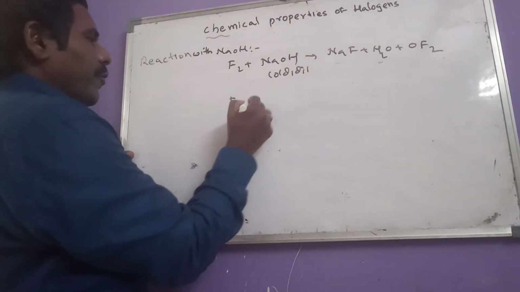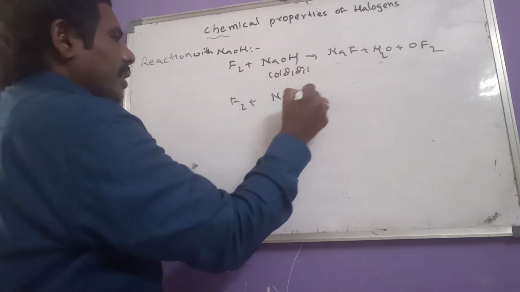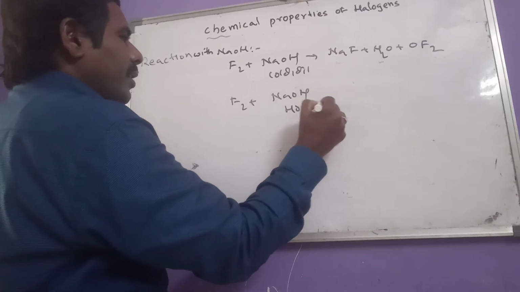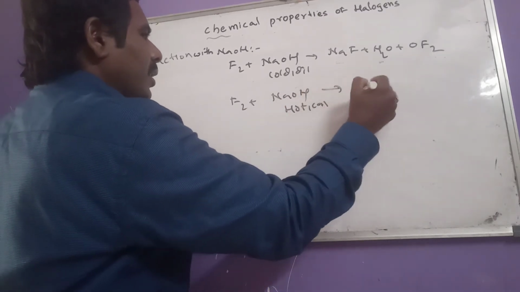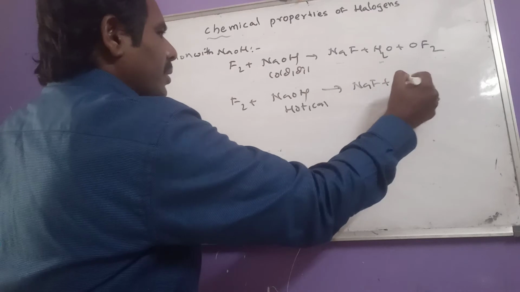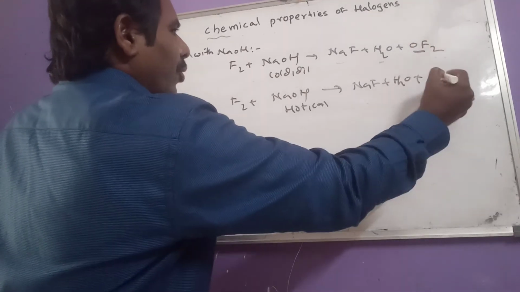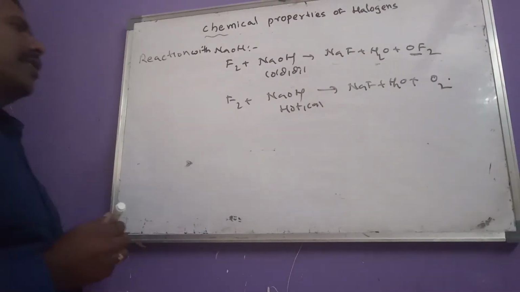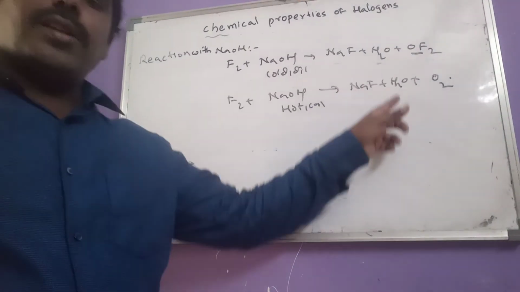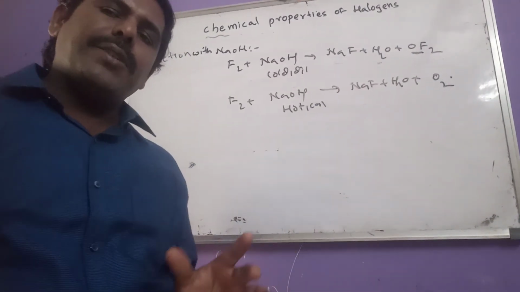But when fluorine reacts with hot and concentrated NaOH, the first two products are the same, but instead of OF2 we get oxygen. This is a question we get in competitive exams.